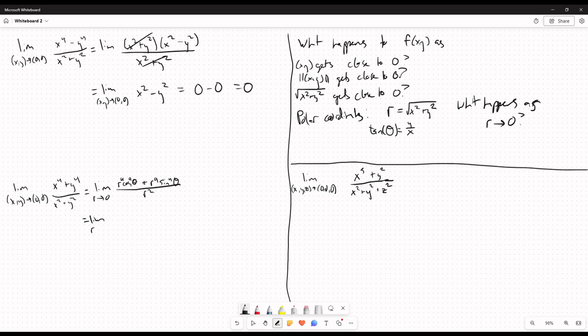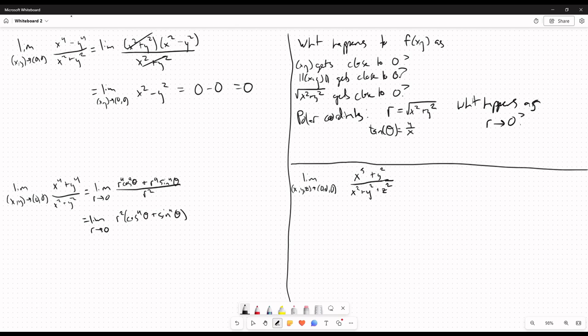So this is going to be the limit as r goes to 0 of, we can cancel out some r's, and we can actually factor out some r's too. So this will be r squared times cosine to the fourth theta plus sine to the fourth theta.